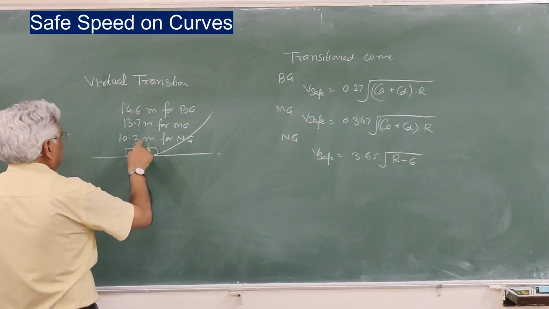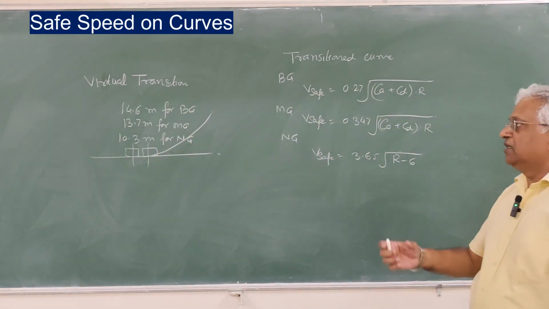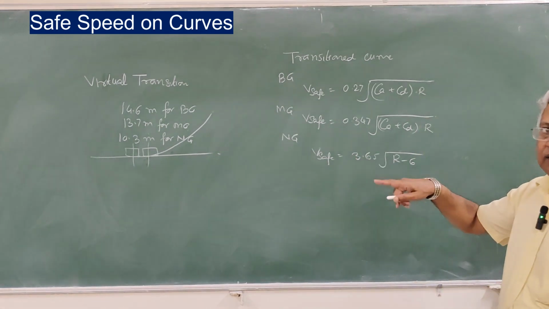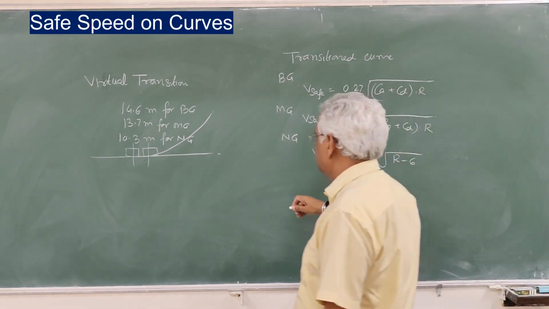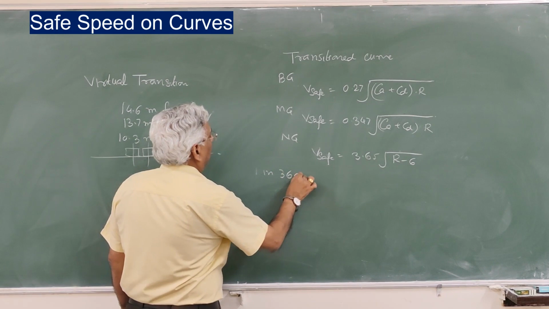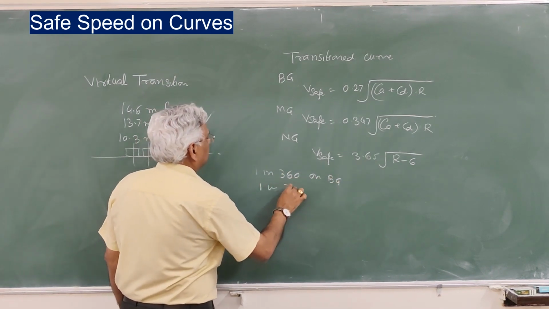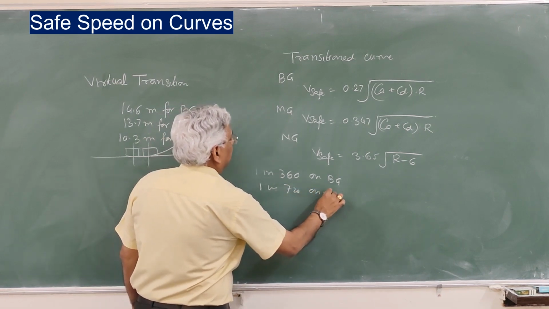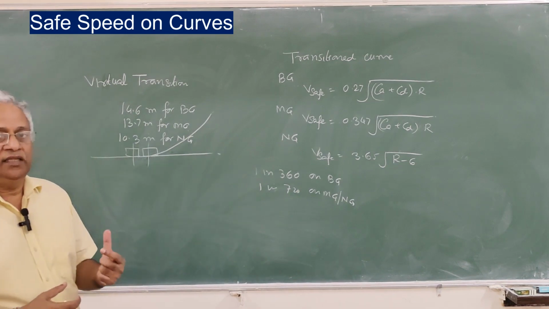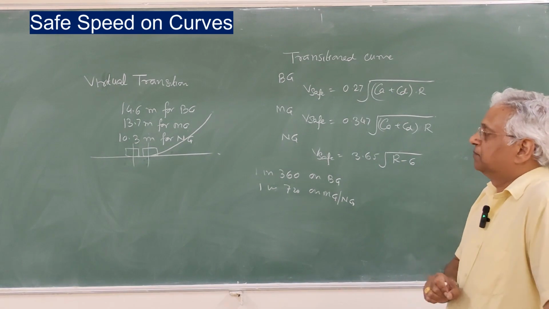Indian Railway standards suggest that the cant gradient on this virtual transition should not be steeper than 1 in 360 on broad gauge line and 1 in 720 on meter gauge and narrow gauge line. That is how we decide the safe speed on a horizontal curve where there is no transition.